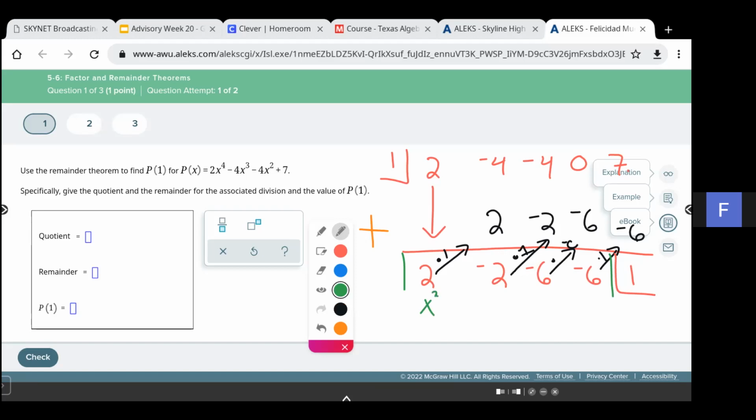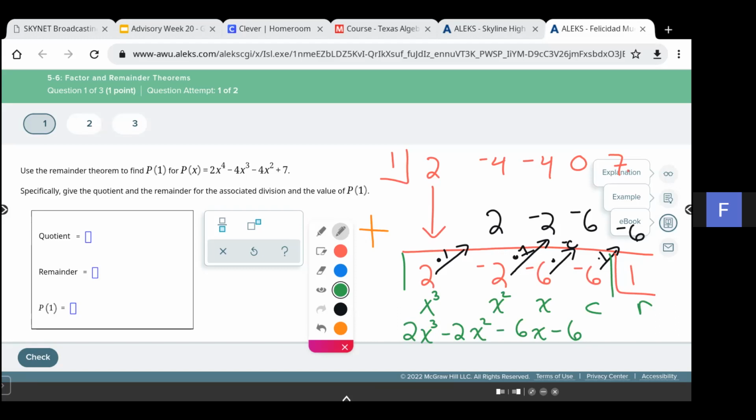So this would be x cubed, x squared, x, and my constant, and then this is my remainder. My answer for my quotient would be 2x cubed minus 2x squared minus 6x minus 6. My remainder is 1, which also happens to be P of 1 by our remainder theorem.